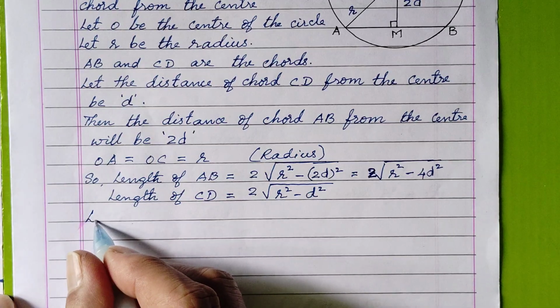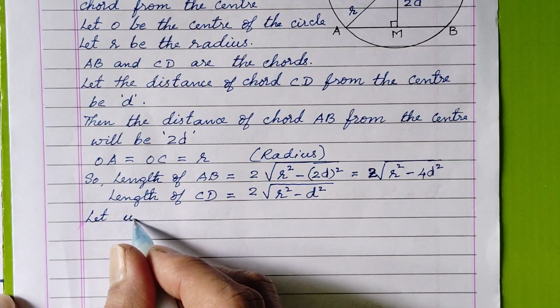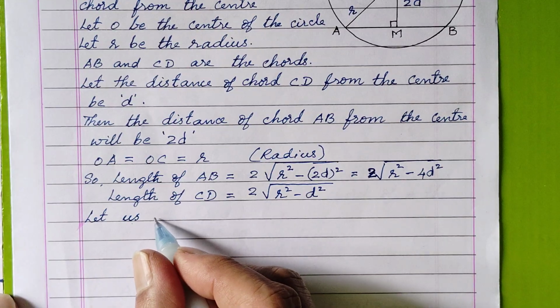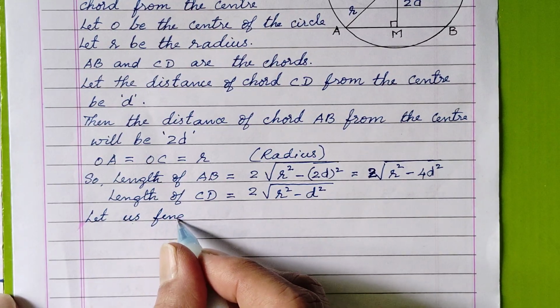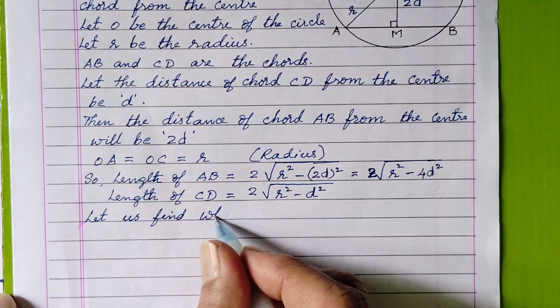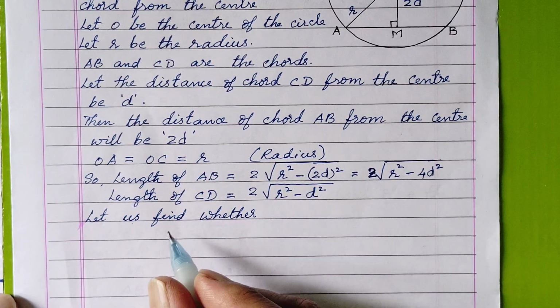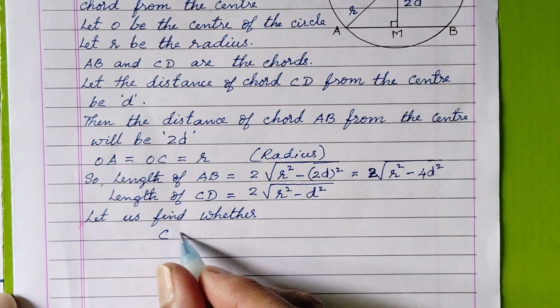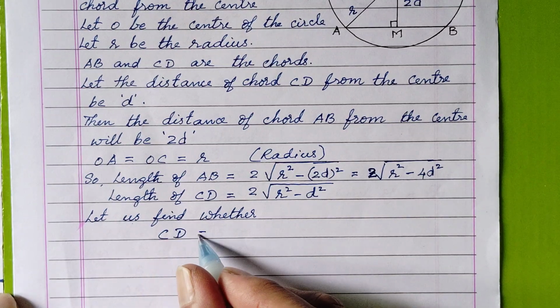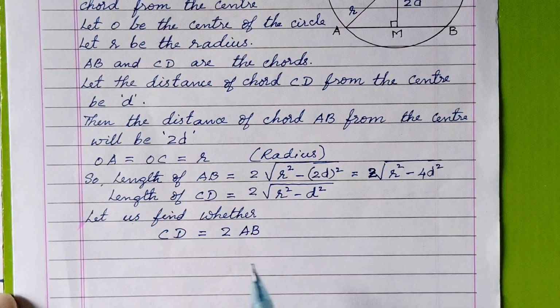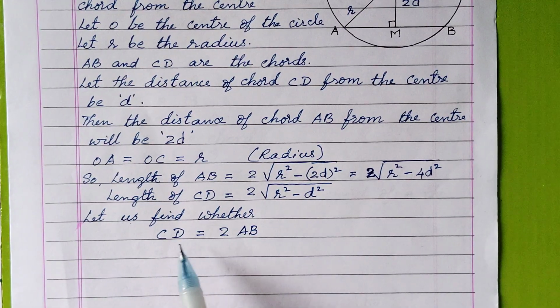Let us find out whether CD is equal to twice AB.